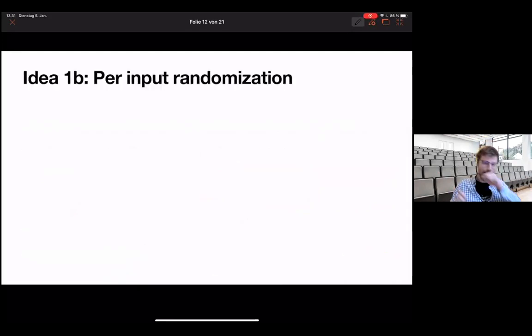Okay, there's a second aspect to this branching program randomization, which is maybe not directly linked to these partial evaluation attacks, but is more a gadget that's introduced into this construction in order to enable proving its security in this idealized model.